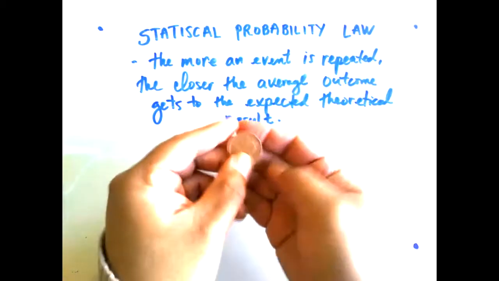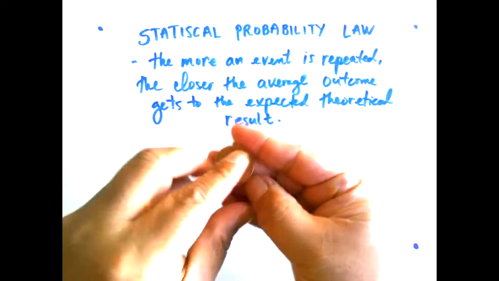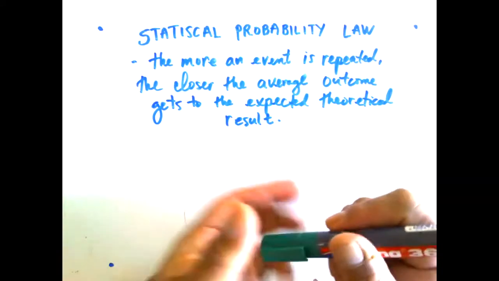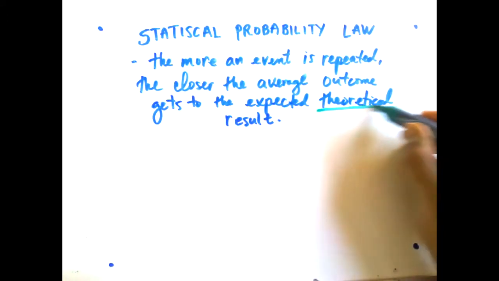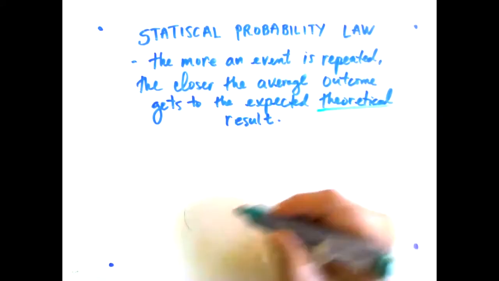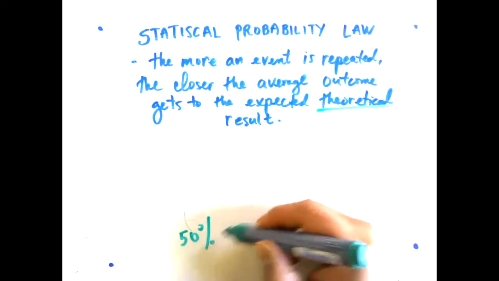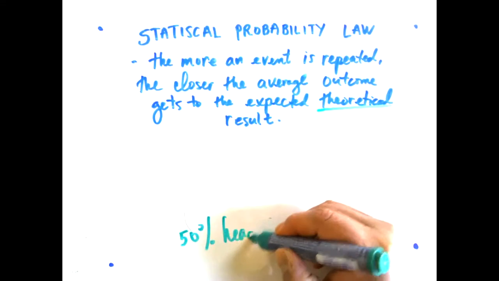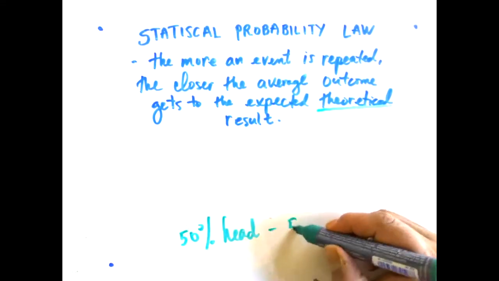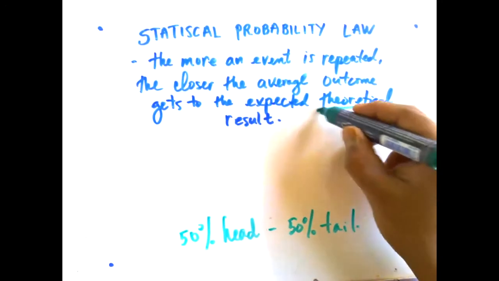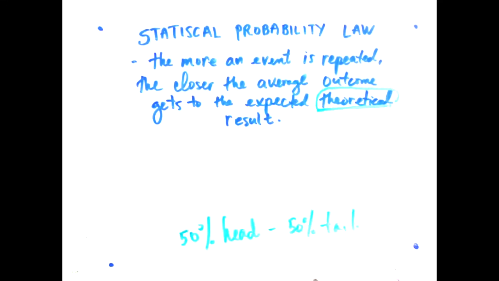Now, in the flipping of one coin, as we've discussed in our previous lesson, what's the theoretical result? The theoretical result is always 50% head and 50% tail. That's the theory behind the whole thing.